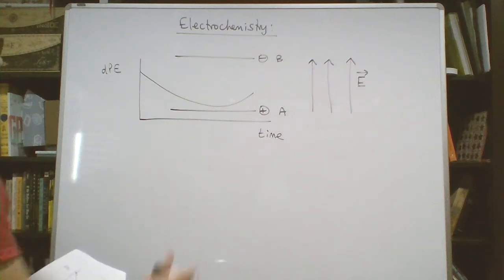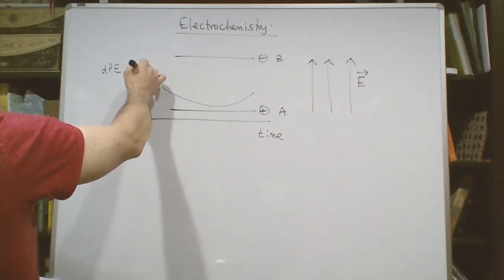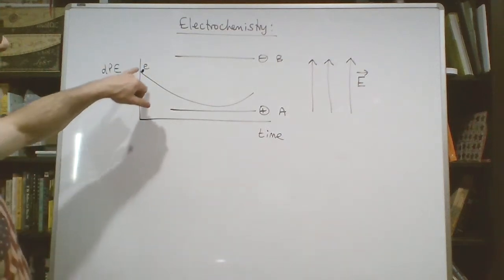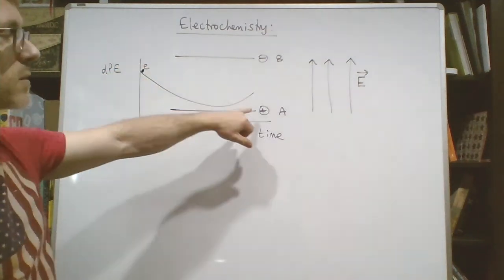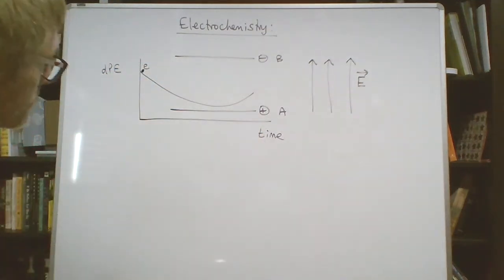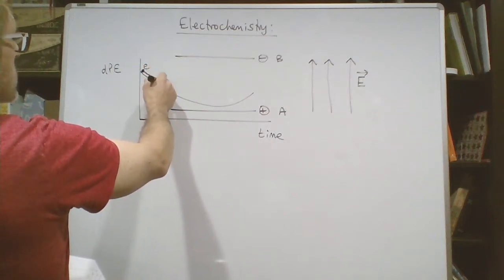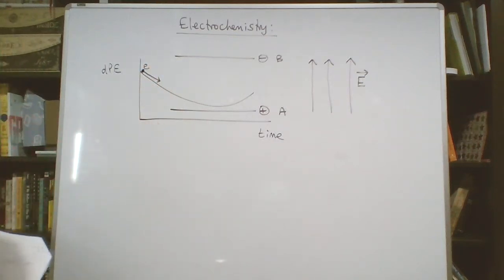And if I put a test particle here, let's say that test particle is an electron. Well, remember, an electron is going to be attracted to the positive plate. So I know that the electron is going to go that way.